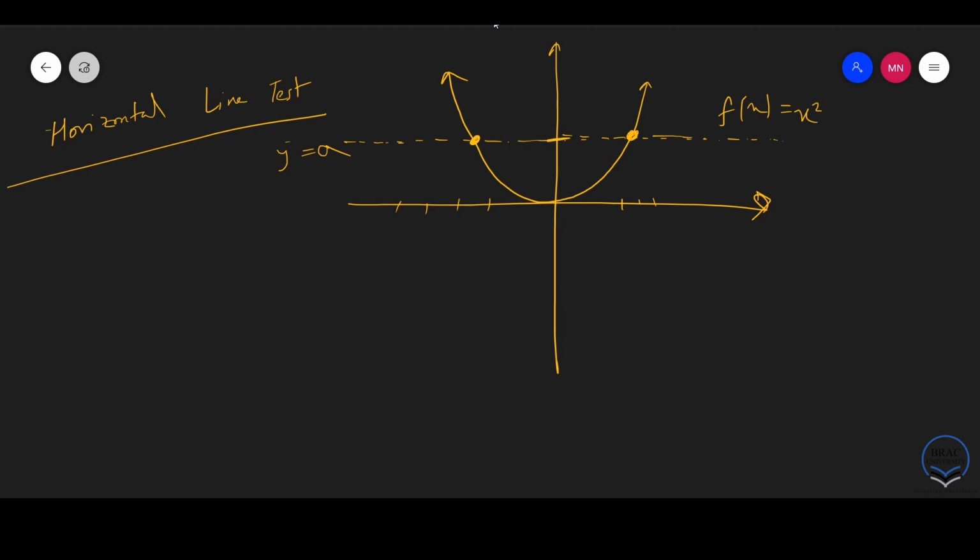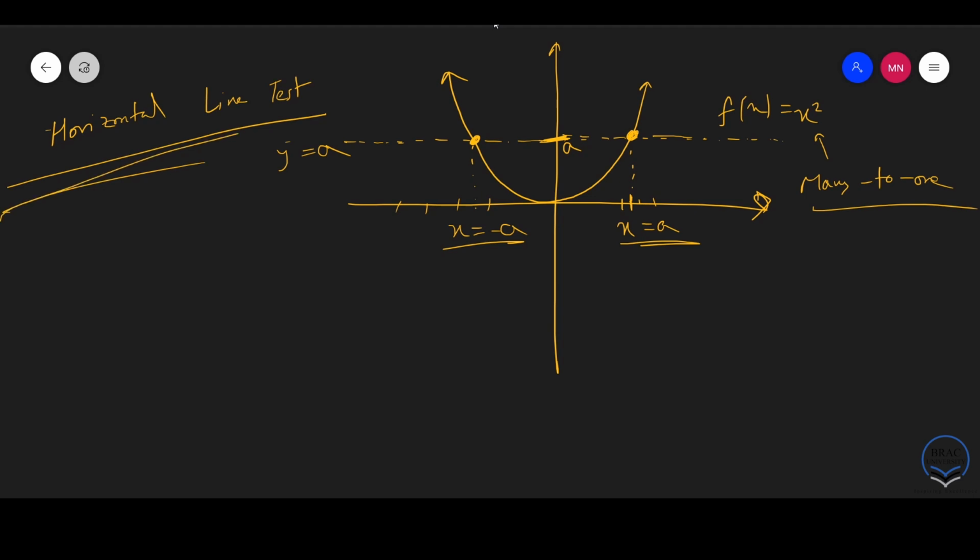We have a single output a for two values of x, say x is equal to a and x is equal to minus a. For x is equal to minus a and a, we get the same output. That means this is a many-to-one function, and that means that this cannot have an inverse.